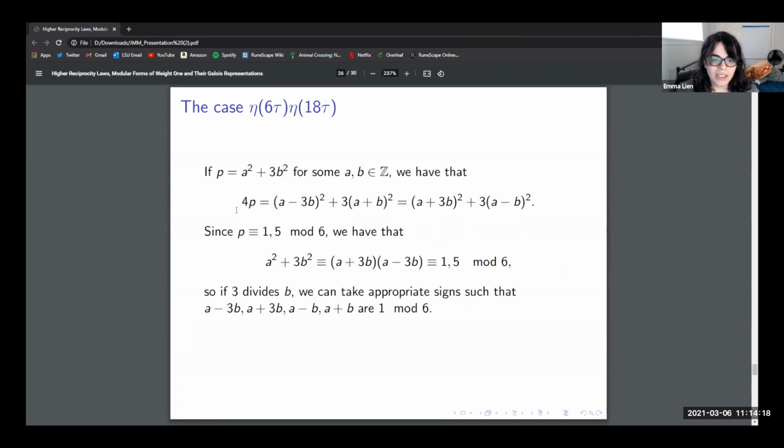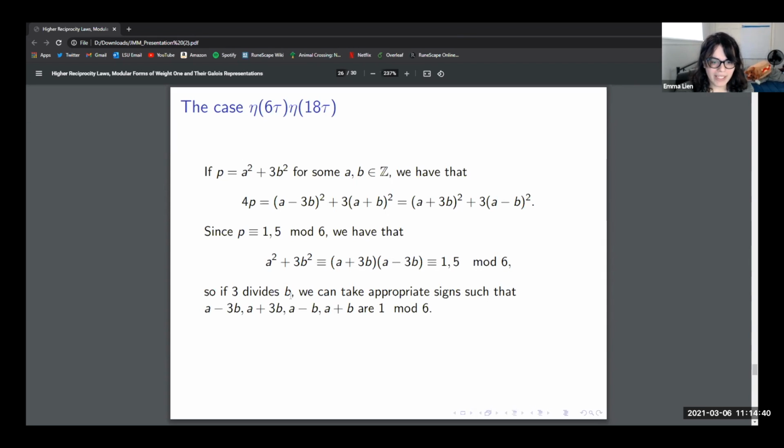Since p is 1 or 5 mod 6, we're assuming p is not 2 or 3. A squared plus 3b squared, which we can factor mod 6 as this, has to be equivalent to 1 or 5 mod 6. But these are units, so that means these have to be units as well.